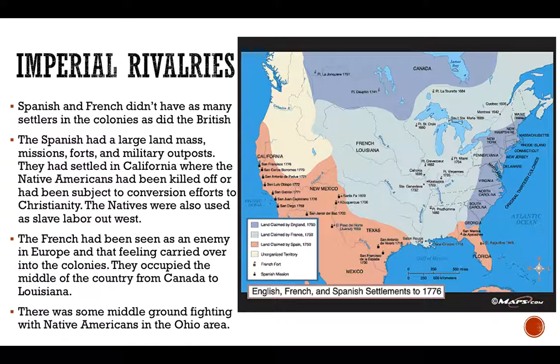And this middle area was the site of many European and Native American violent skirmishes at this point. And you can see the English settlements were the ones in the darker purple.